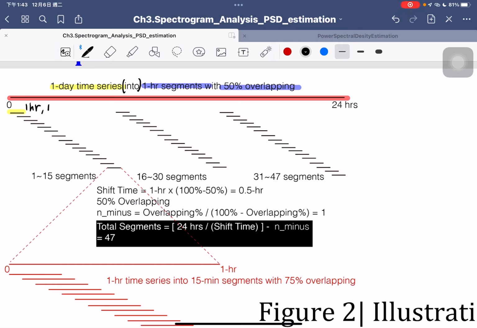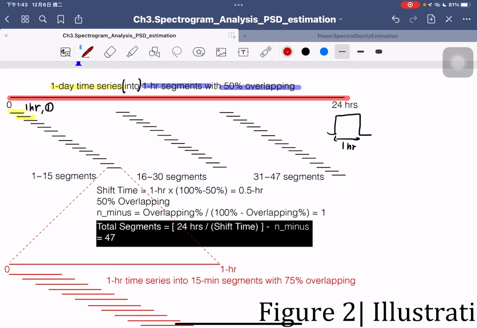segment 1. And the second segment here, you can see the time shifting, because I allow, this is my first segment window, and the first segment window is 1 hour.